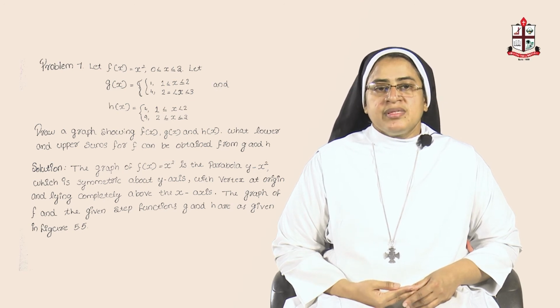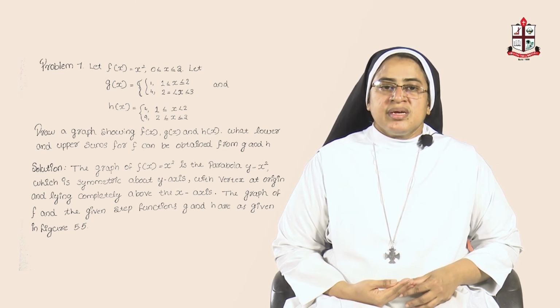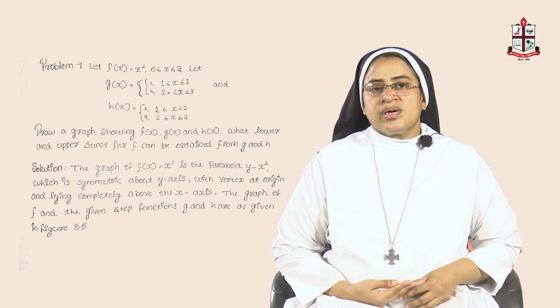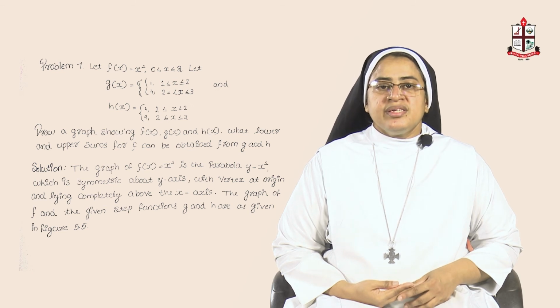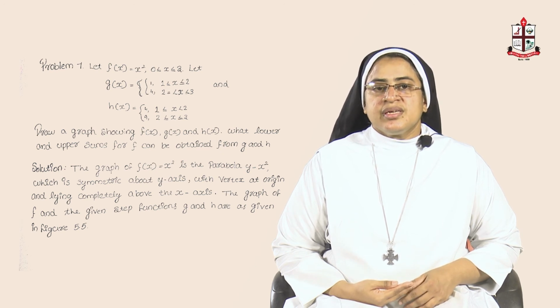So, in this problem number 7, let f of x equal x square, for 0 less than or equal to x less than or equal to 3. We are defining two step functions. For g of x, the values are 1 and 4 in the different ranges 1 to 2 and 2 to 3, and for h of x, the values are given as in the figure, and you can see that those values are also lying in the given interval 1 to 3.